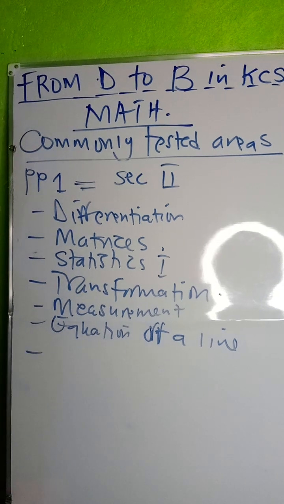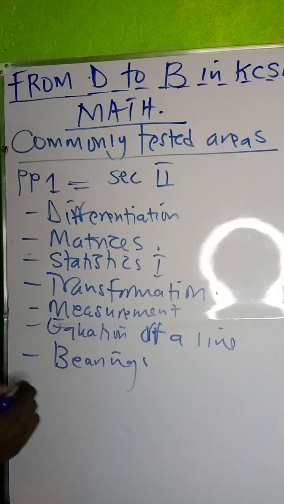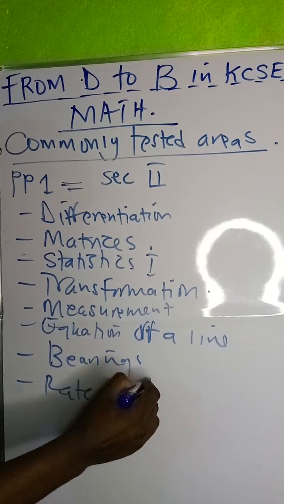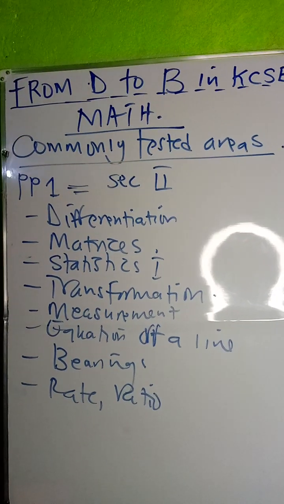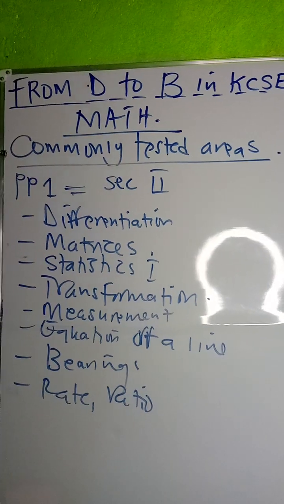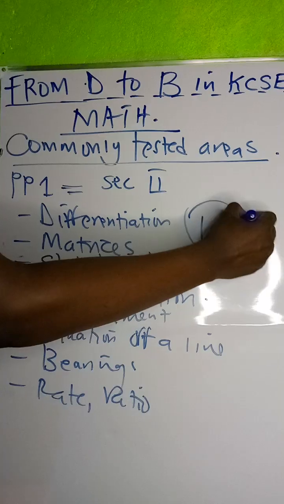We also have some other Form 1 topics like bearings and distances, and also rates and ratio. These are some of the common Form 2 and Form 1 topics in paper 1 section B, and these topics carry 10 marks each.